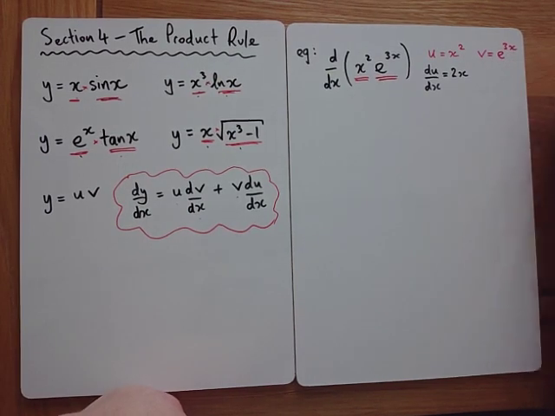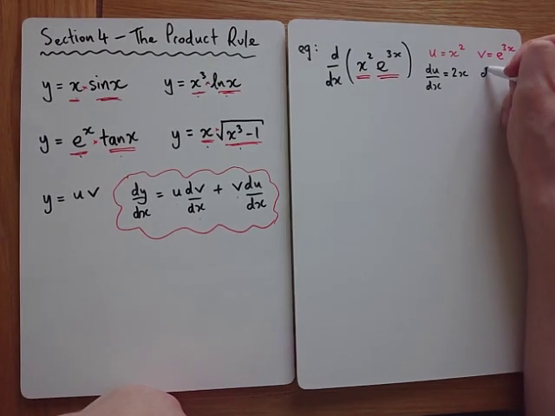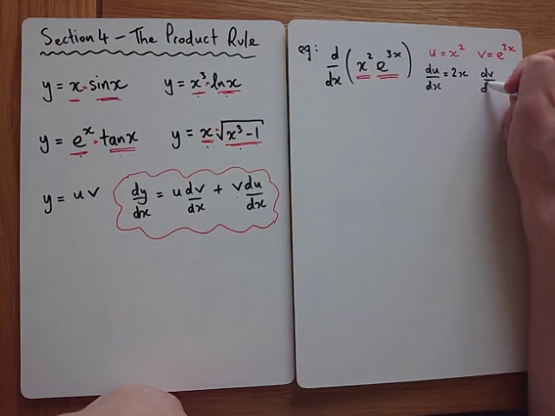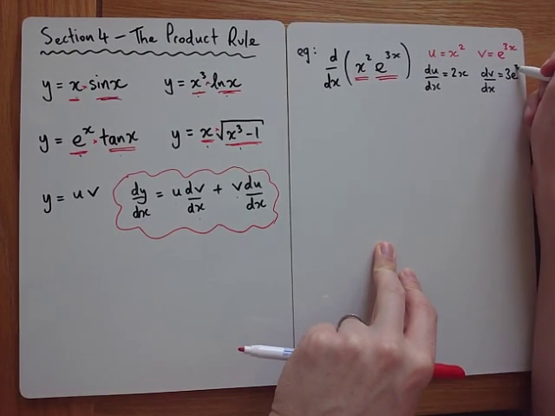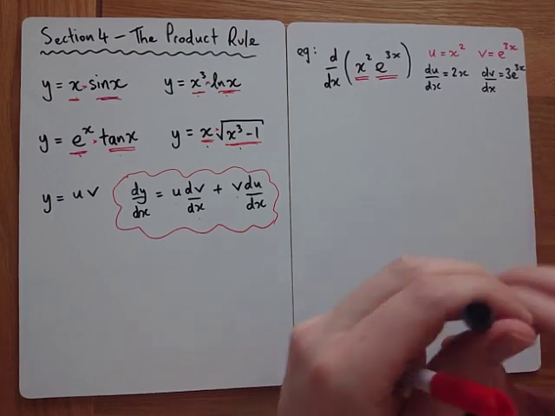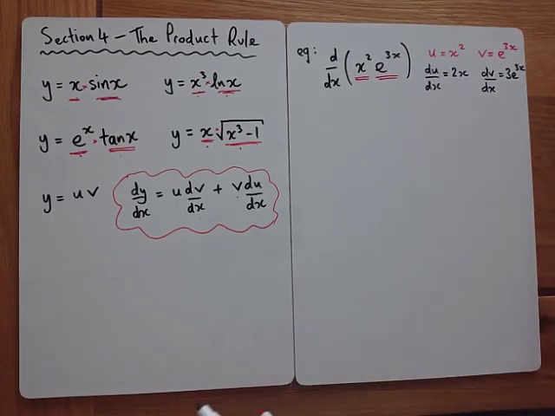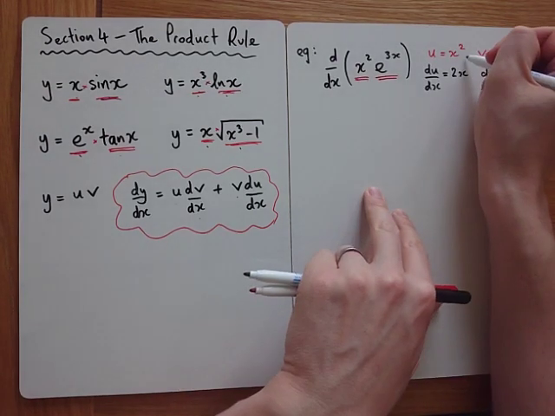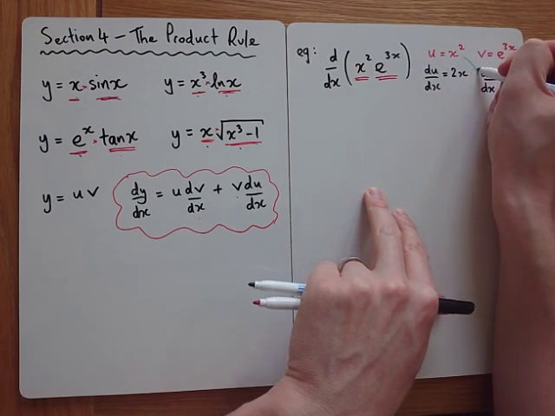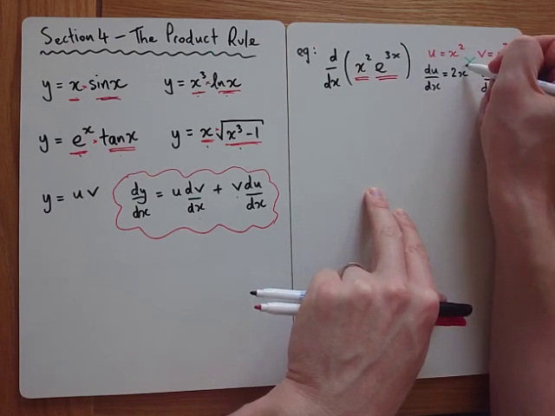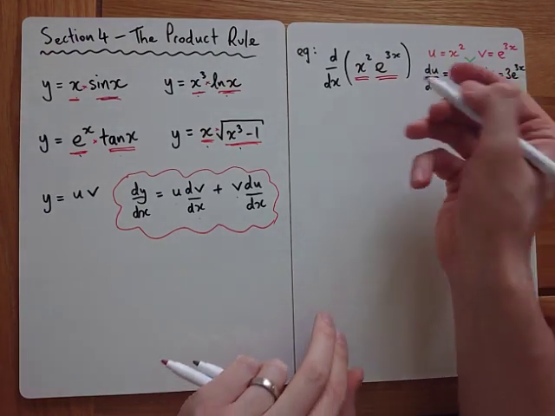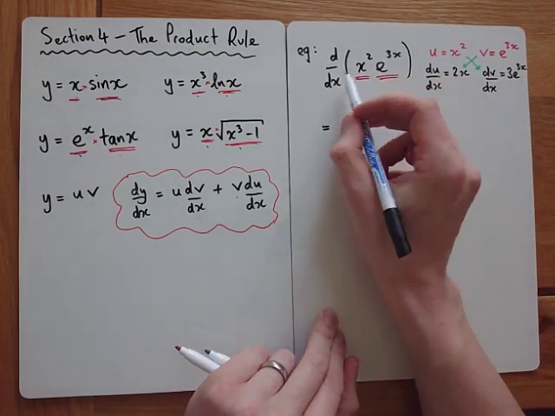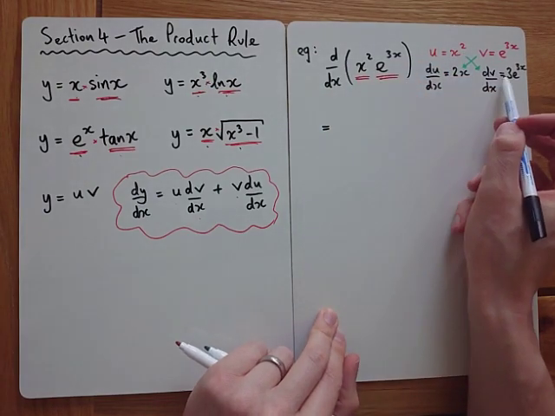If I know v is equal to e to the 3x, then dv by dx would equal 3e to the 3x. And you might want to remember this cross pattern just as you're getting used to this. So it's u times dv and v times du.